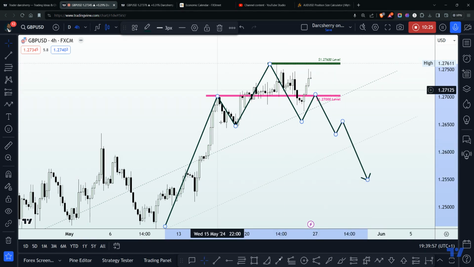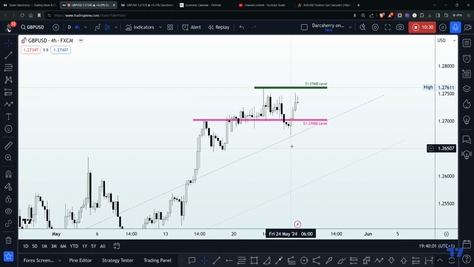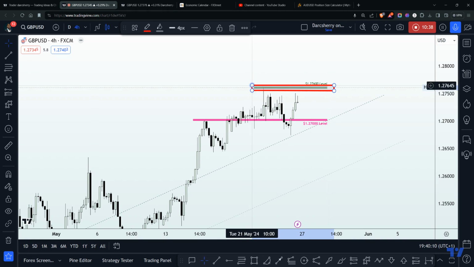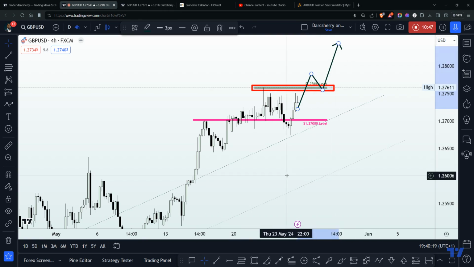So I'm not really sure what will happen here, but one thing I want to be looking at here is using the resistance line, that is the highest point in the last couple of months, the 1.276, to guide bullish opportunity. So if price action can break out of the 1.276, then I will be willing to continue the uptrend scenario.